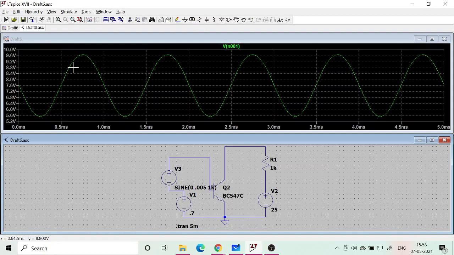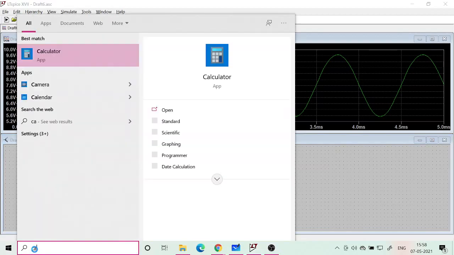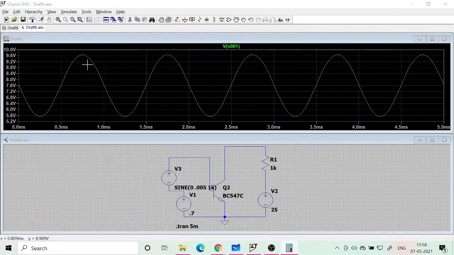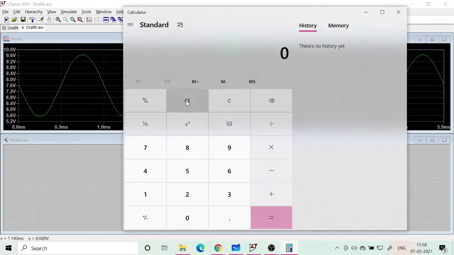Now let's calculate the voltage gain. 4 is the output fluctuation, so the AC voltage gain is 4 divided by 0.01 volt, which is 10 millivolt. So we are getting a voltage amplification of 400.